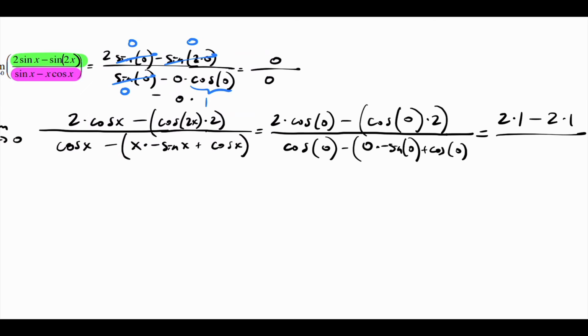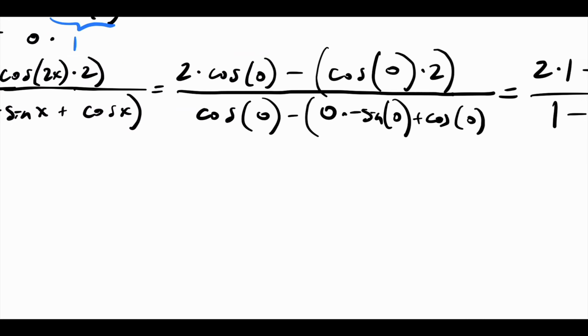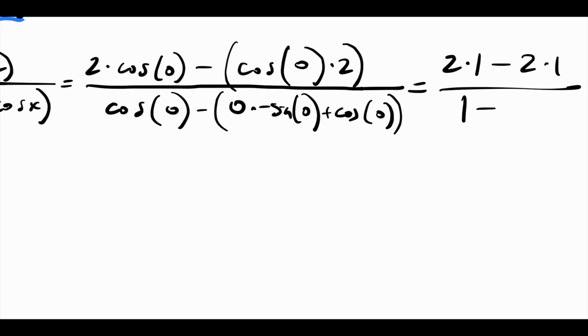Bottom, cosine of 0 is 1 minus, and then over here I have some parts to it. So 0 times sine of 0, that's just 0 times 0. Cosine of 0 is 1.